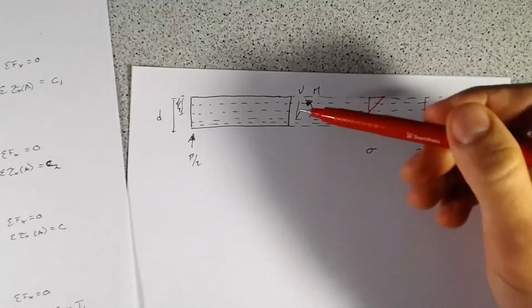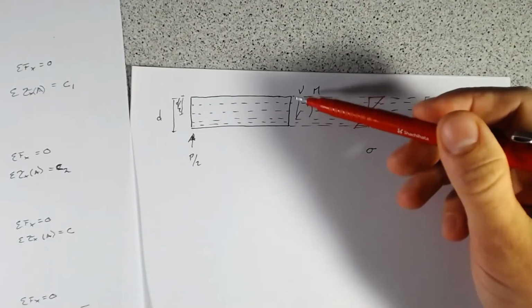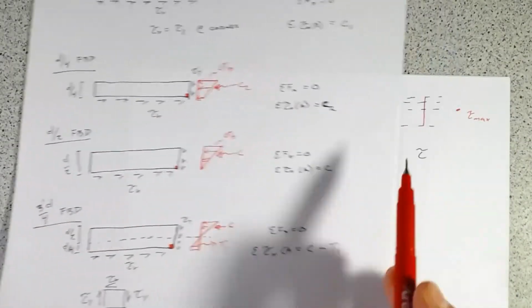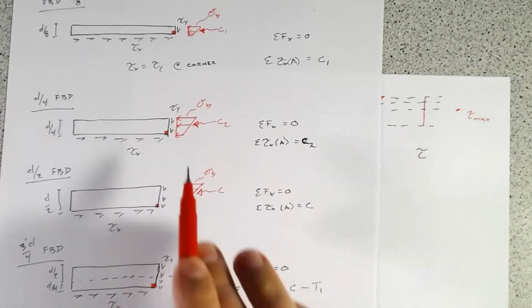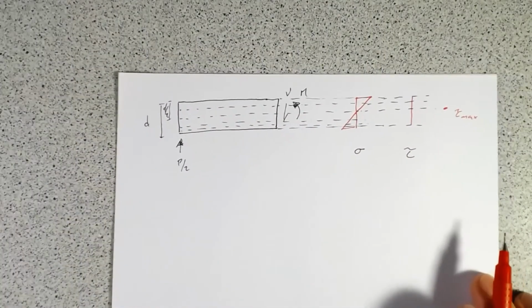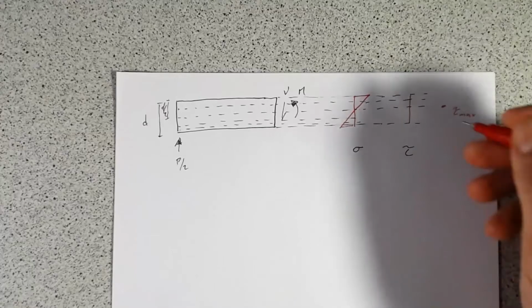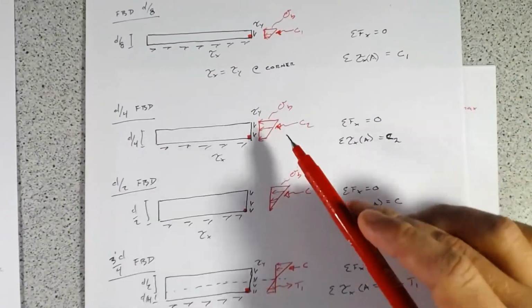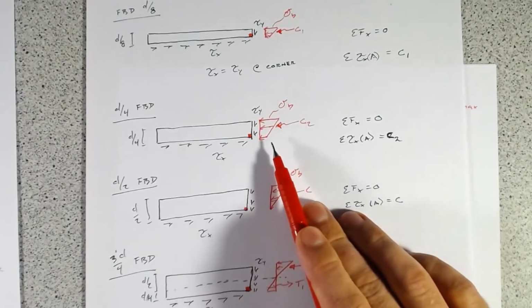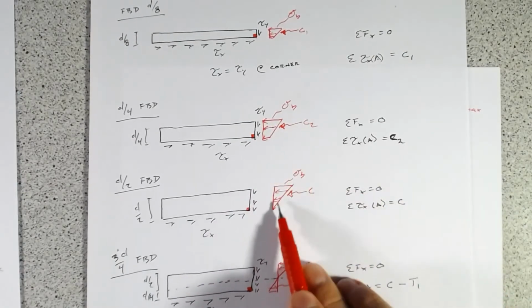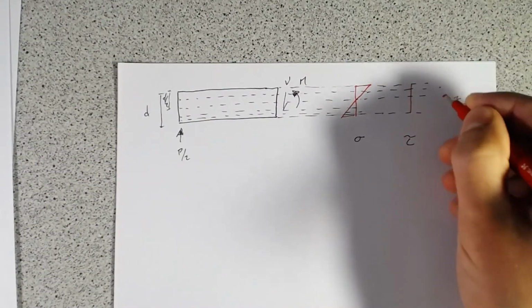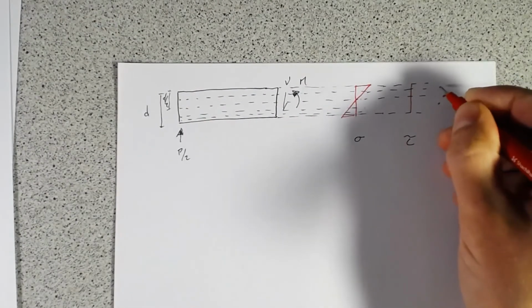We also know that our vertical shear, our transverse shear, is just going to equal the longitudinal shear at the corner. So we can go ahead and plot the relative amount. When we're at D over 4, this area is pretty similar to this area, so it's going to be a little bit smaller, and that's going to be symmetric.